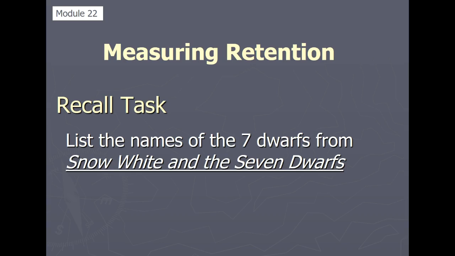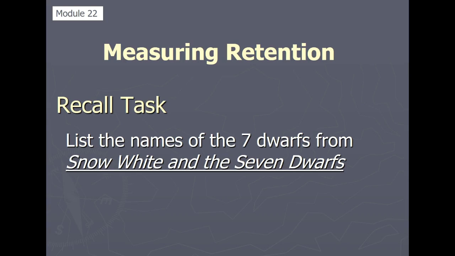Most students have a difficult time recalling all 7 dwarfs. When I do this in a traditional classroom and survey the class, generally most students have 3 or 4 names. But another way we can measure retention is with a recognition task.